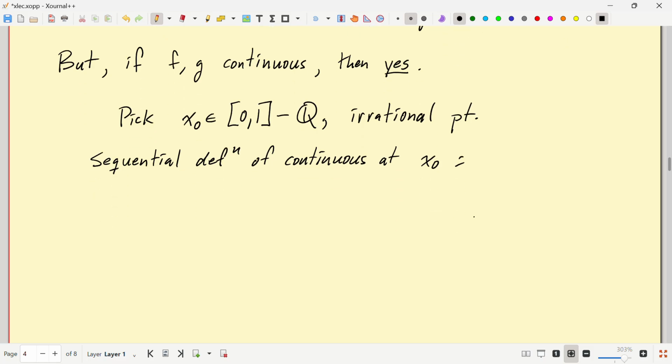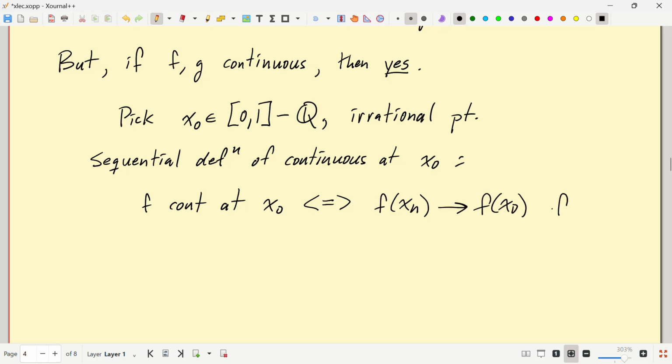F is continuous at x naught if and only if f of xn tends to f of x naught for every sequence in the set whose limit is x naught.